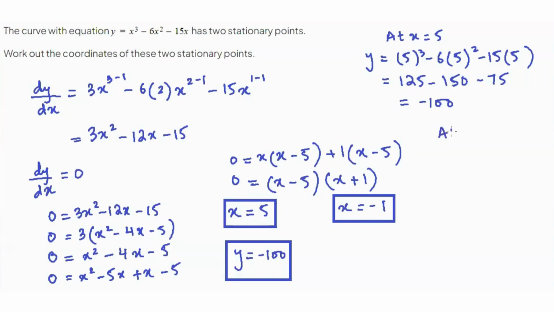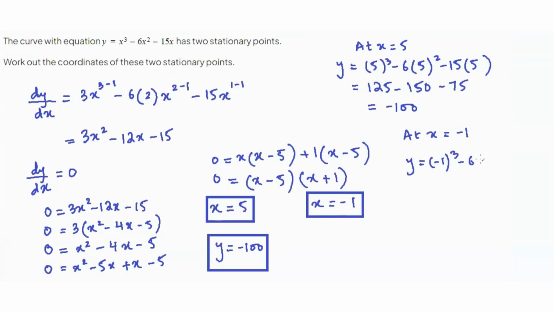And at x equals negative 1, what we will have is y equals negative 1 cubed minus 6 times negative 1 whole squared minus 15 times negative 1.